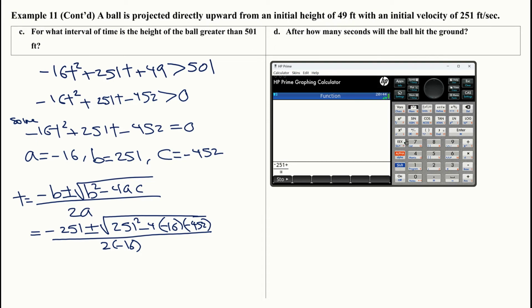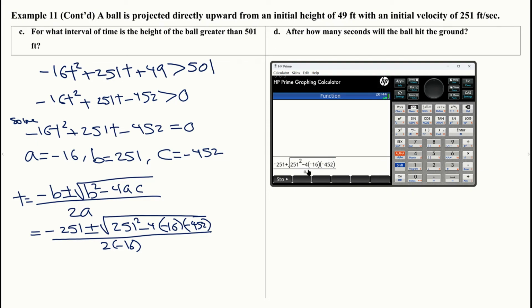So now I go square root of 251 squared minus 4 times negative 16, and that's going to be times negative 452.